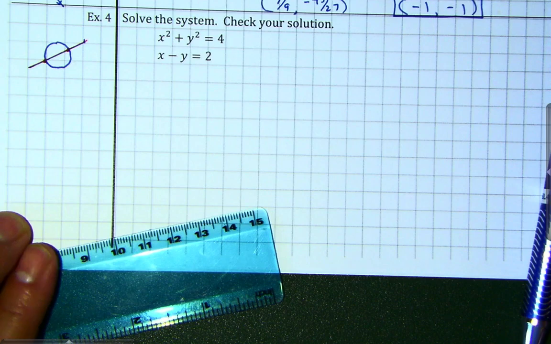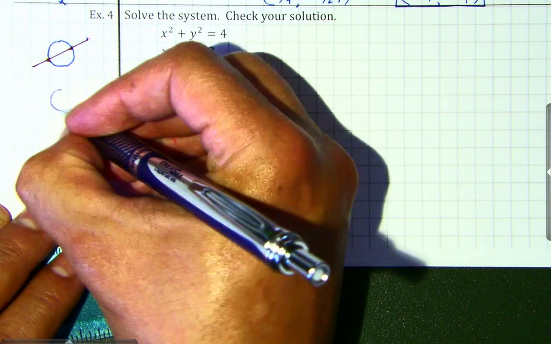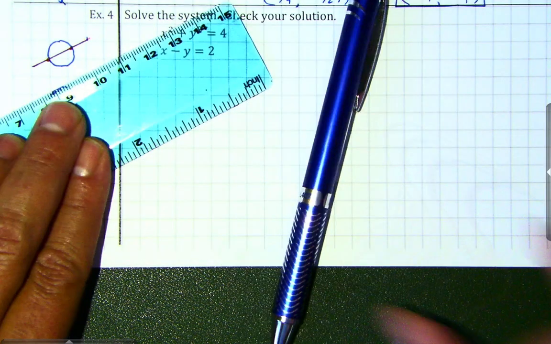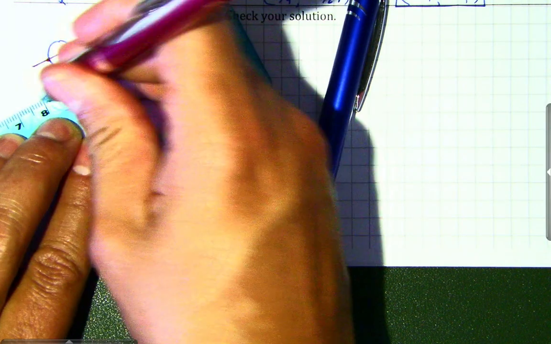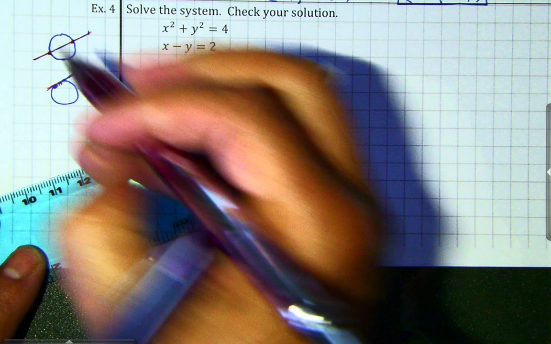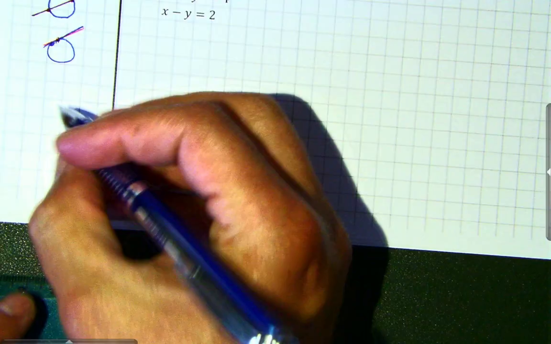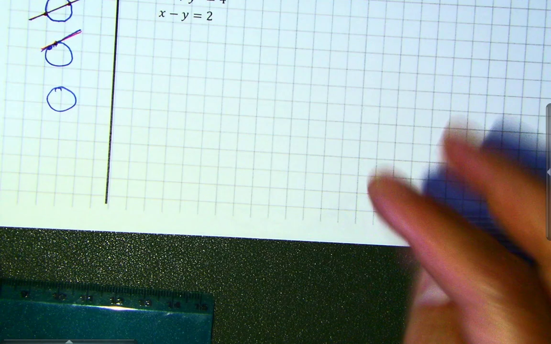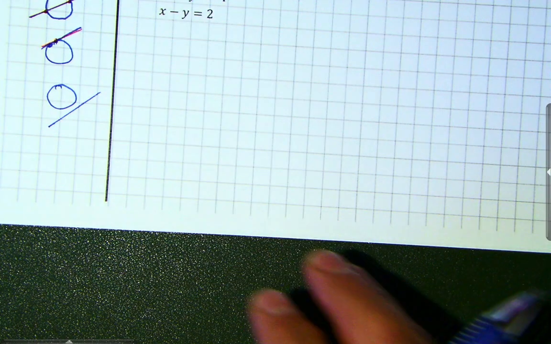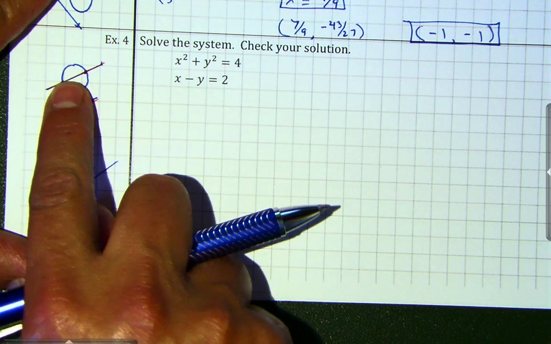You can have 1 solution if it barely touches it somewhere, that'll be 1 solution. And it can have 0 solutions if it just misses it altogether. So you have 3 options: 2 solutions, 1 solution, or no solution.